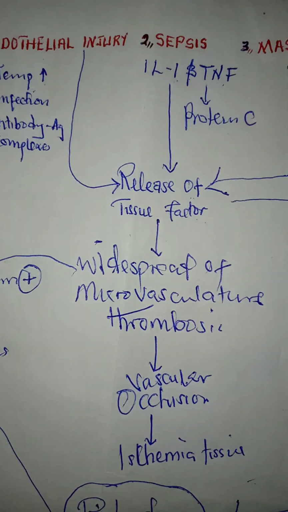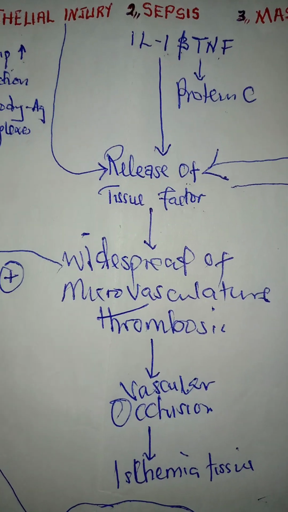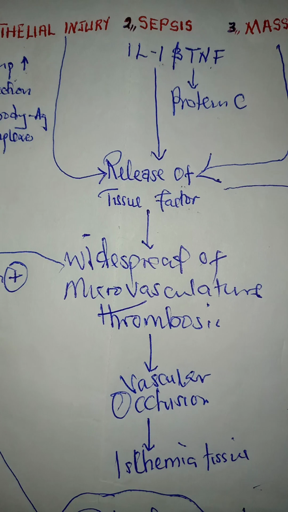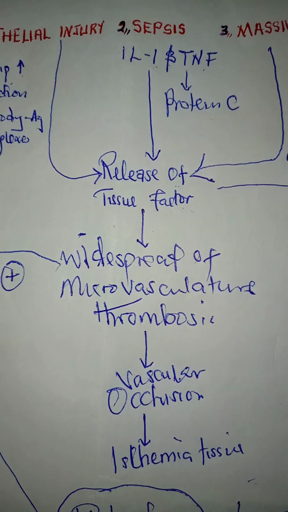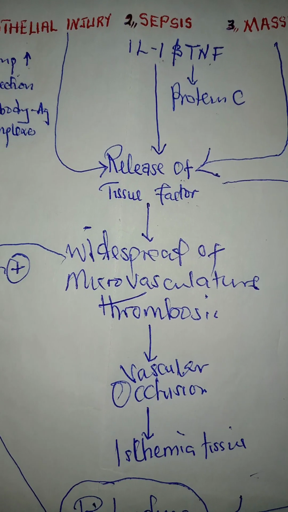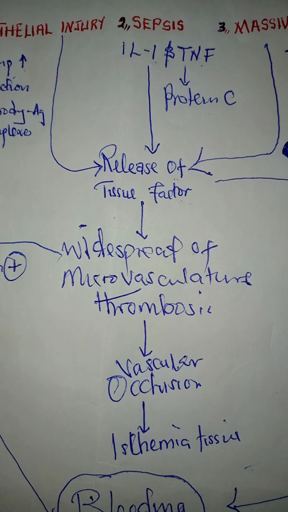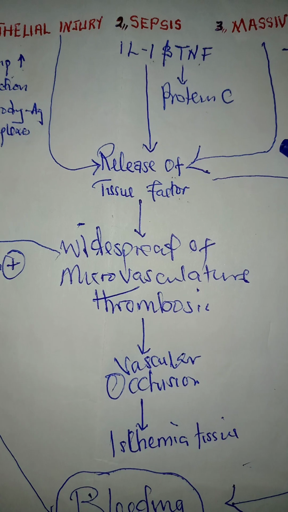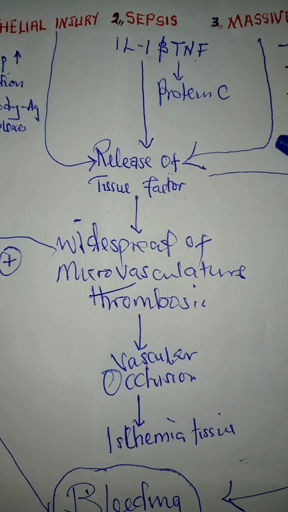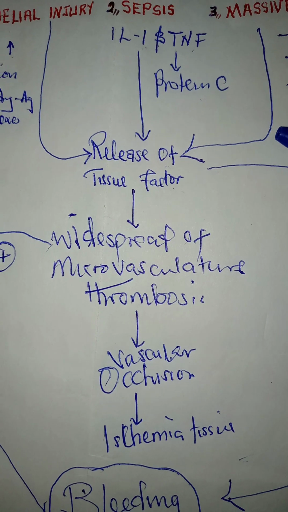These cytokines will lead to activation of protein C. Protein C is very important because once activated, it is capable of inactivating factor 5 as well as factor 8, which are two important cofactors needed for the formation of clots.